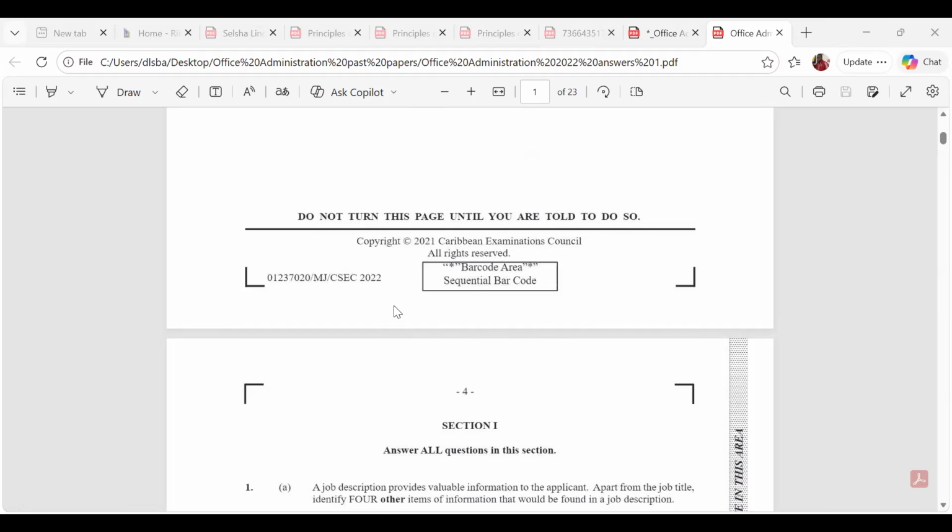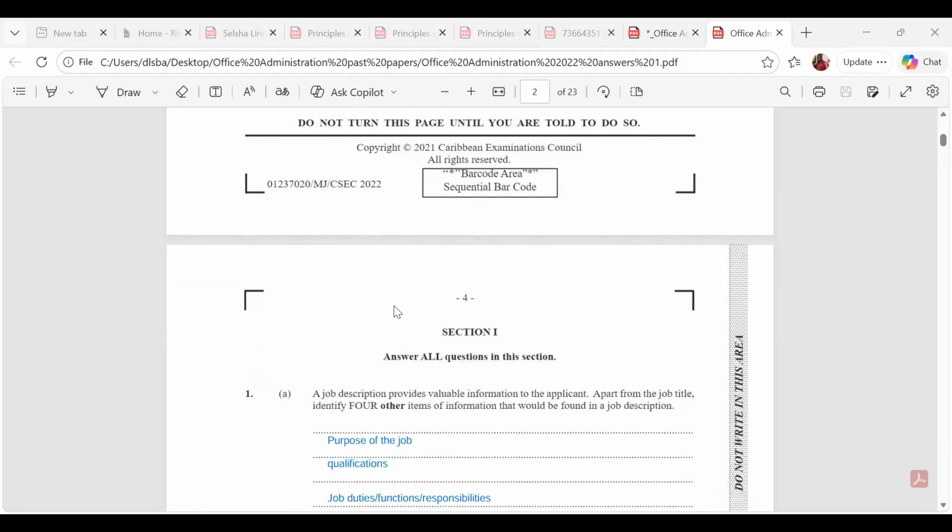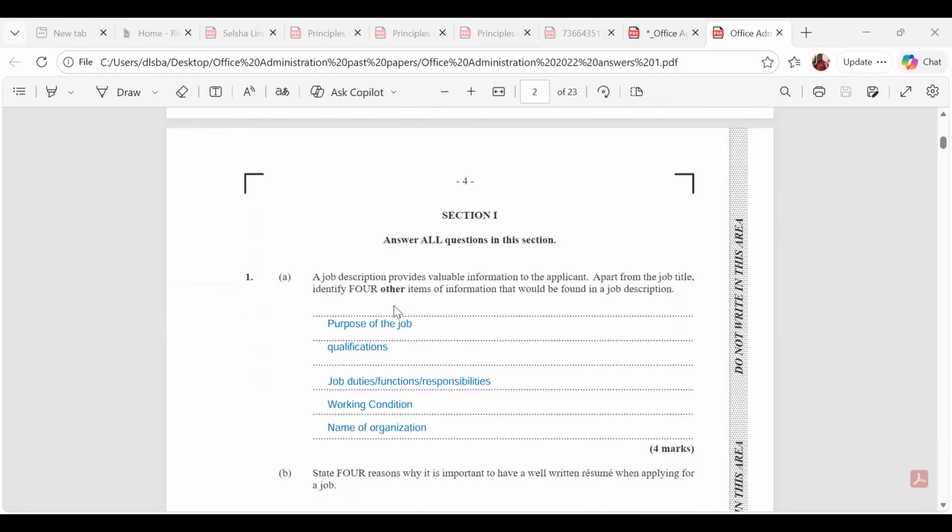Yeah, you wouldn't really see that in the job description. What you might see is who you report to, where you'll be working. If you want to get super detailed, technical, I should say, the name of the organization will be there too.